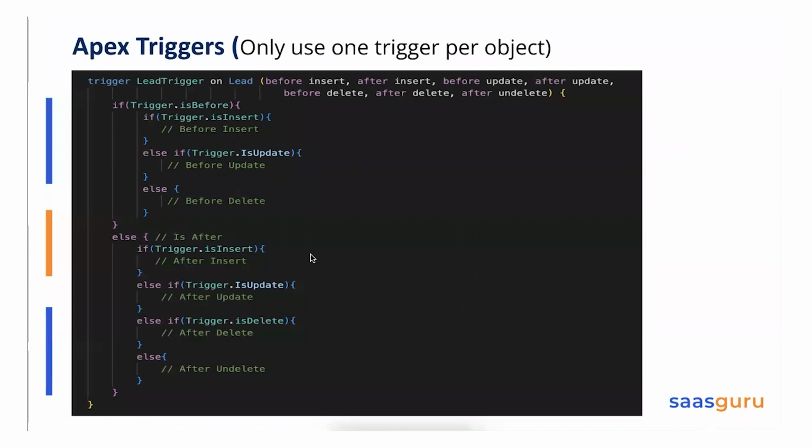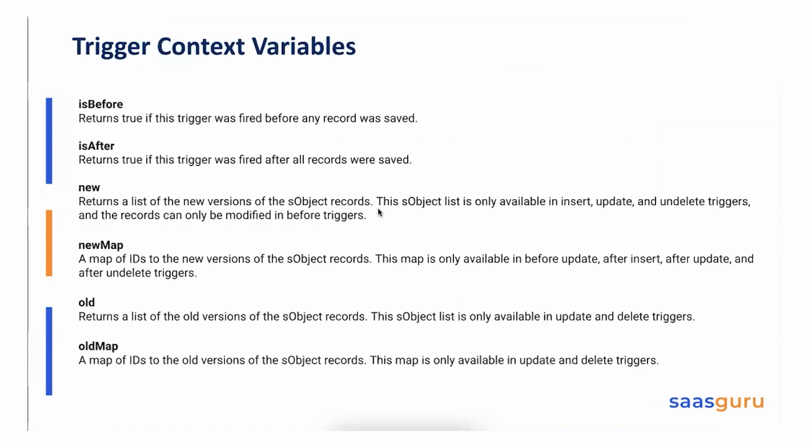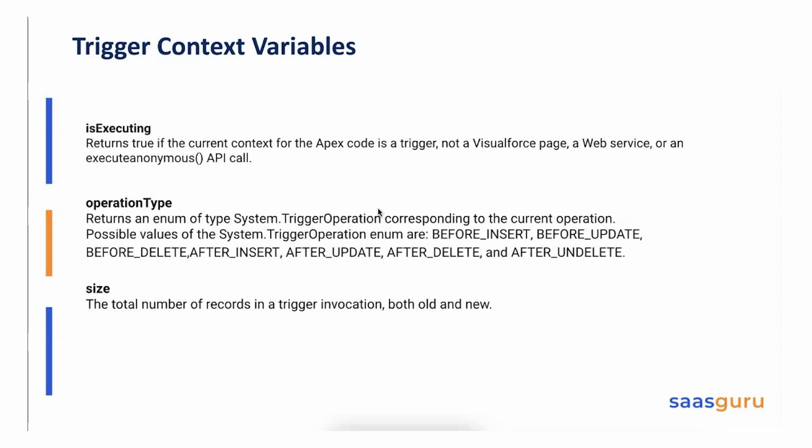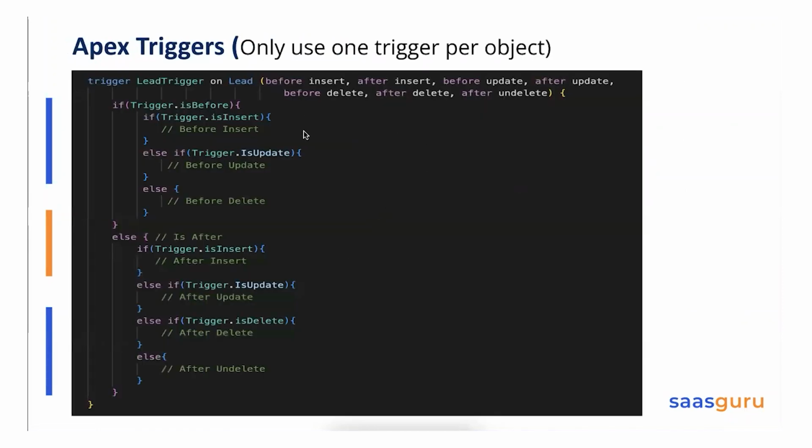Now, the suggestion is always to use one trigger per object. We have discussed multiple context variables, so you can see how we can achieve that. This is one way: I have written a lead trigger on Lead, and you can see before insert, before update, after insert, all 7 events are here.